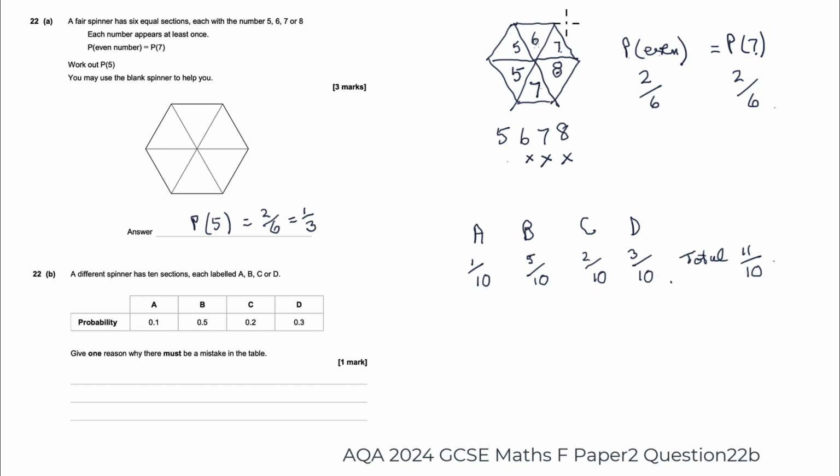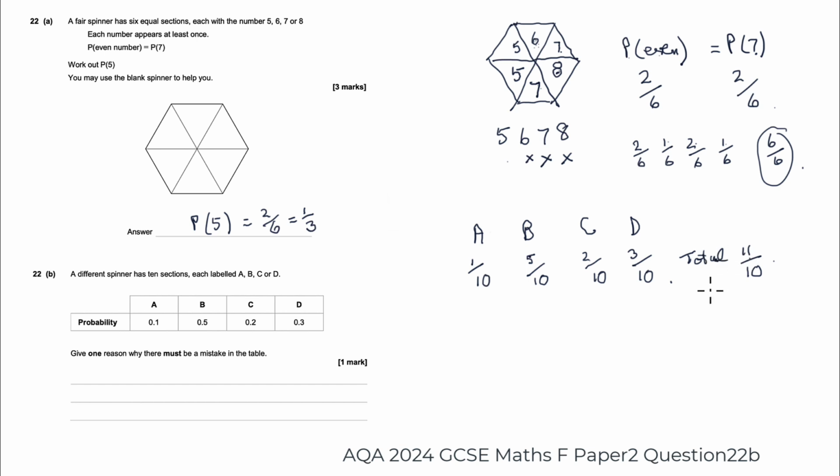If we look back at this spinner, you've got the probability of a 5 being 2/6, of a 6, 1/6, of a 7, 2/6, and an 8, 1/6. And if you add these up, 2 plus 1 plus 2 plus 1, you'll get 6 chances out of 6, which is what you should get.